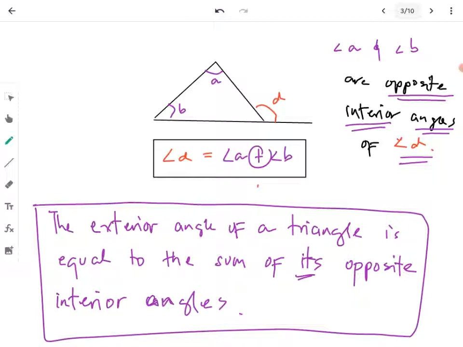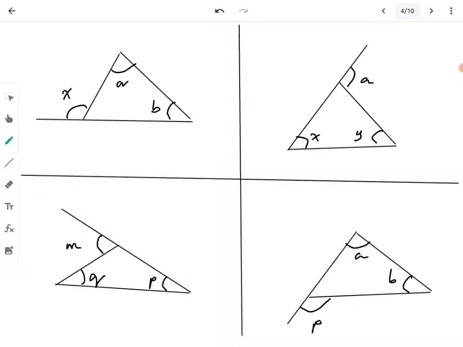It is very important that when the exterior angle is located somewhere else in the triangle, we identify which are the opposite interior angles relative to that given exterior angle. The next slide will give us some scenarios where exterior angles are located and their corresponding opposite interior angles.